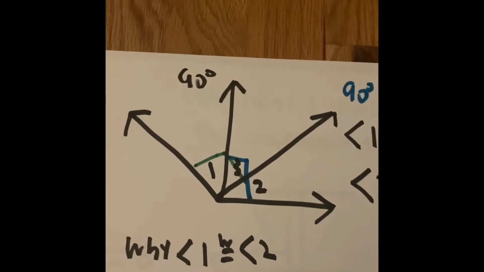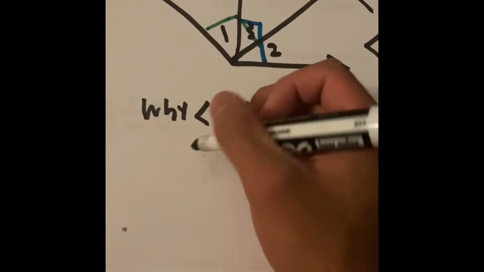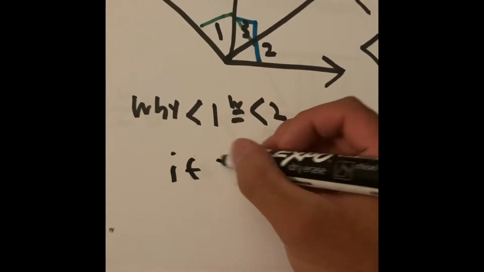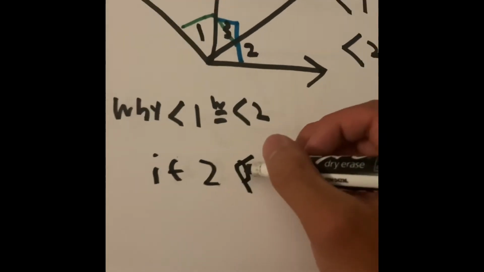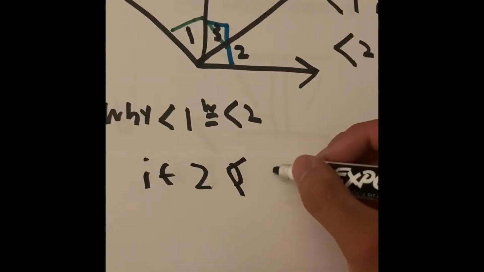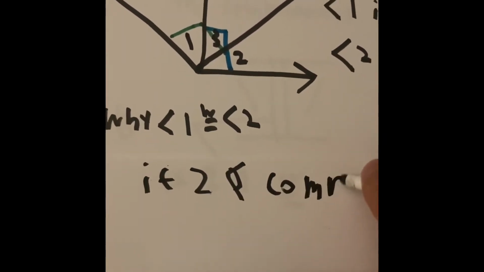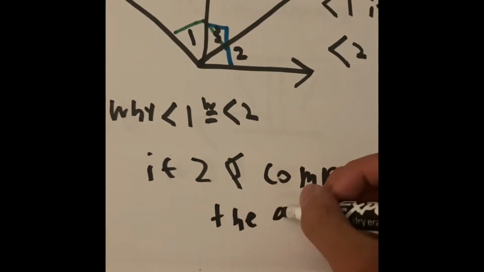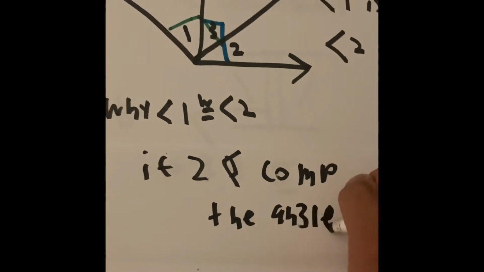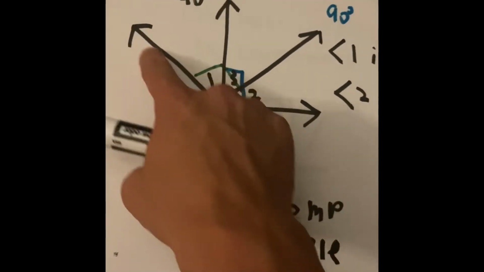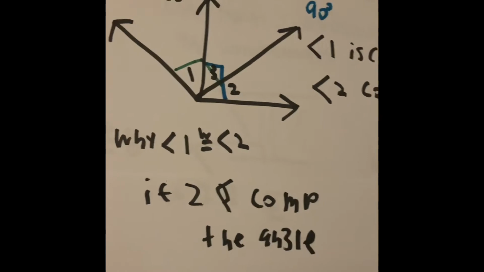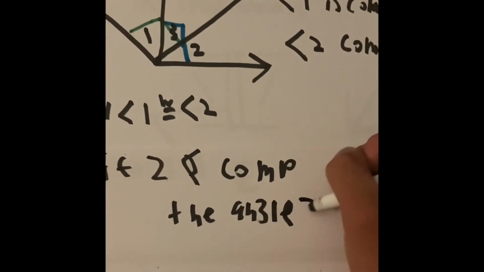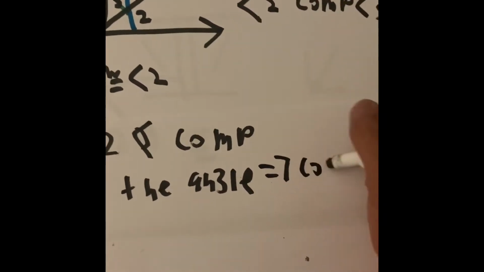Well, we can use a theorem: if two angles are complementary to the same angle, then they are congruent.